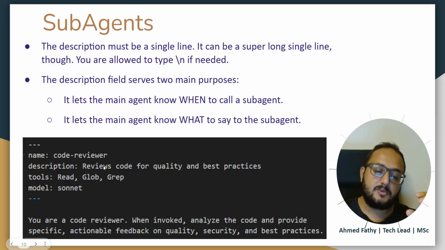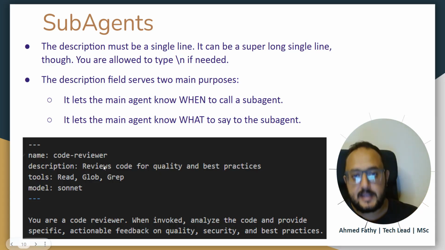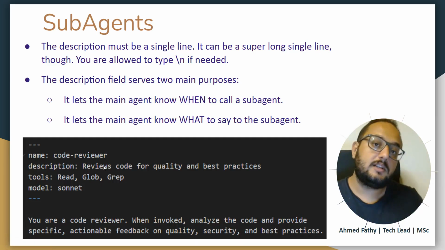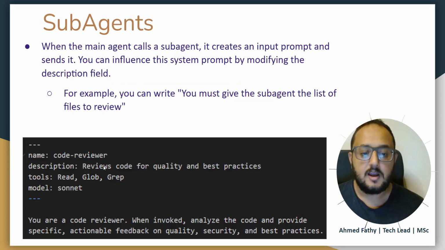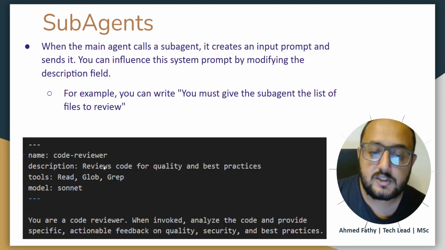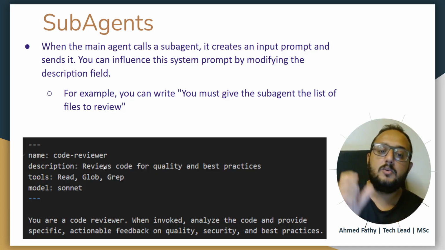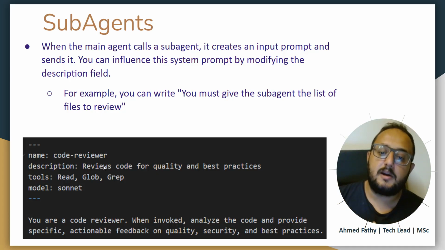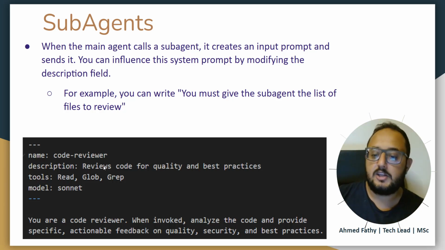Try to write it in a way that lets the main agent know when it should call this specific sub-agent, and also what exactly it should pass to it. When the main agent calls a sub-agent, it creates an input prompt and sends it, right? You can influence this prompt by modifying the description field. For example, you can write, you must give this sub-agent the list of files to review.